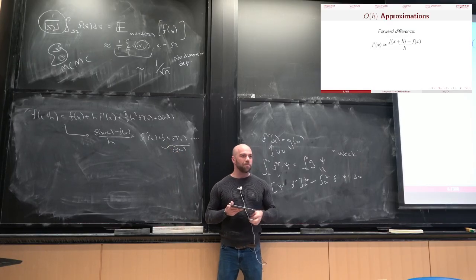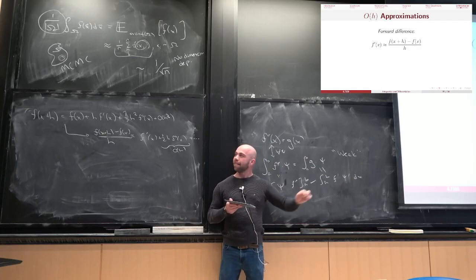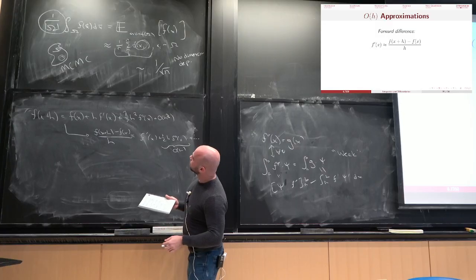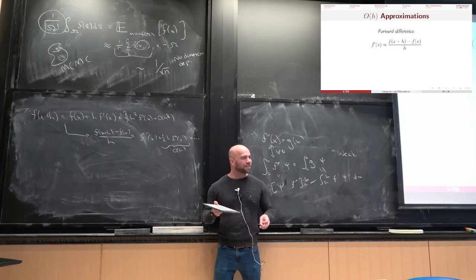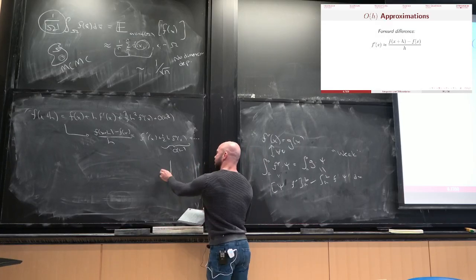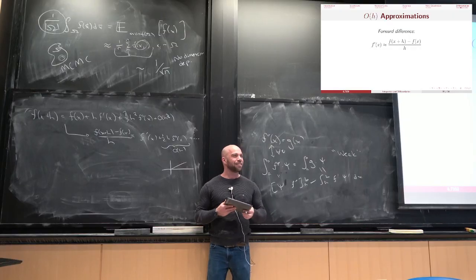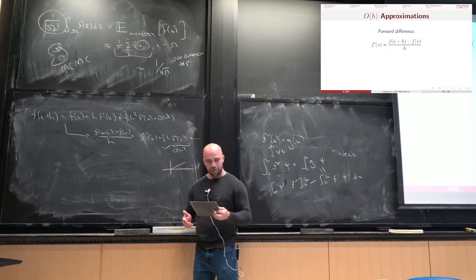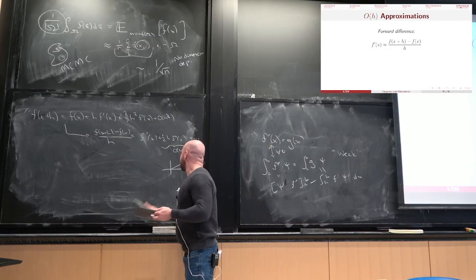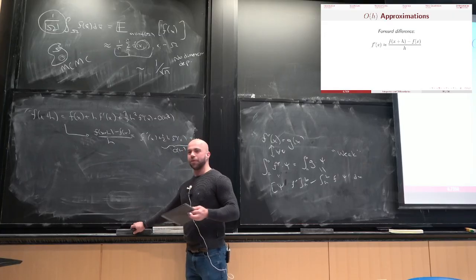So what do we expect? If we made that plot of our error, like we had, and then I covered up on the board, we would expect that error to kind of look linear for small h. That makes sense?